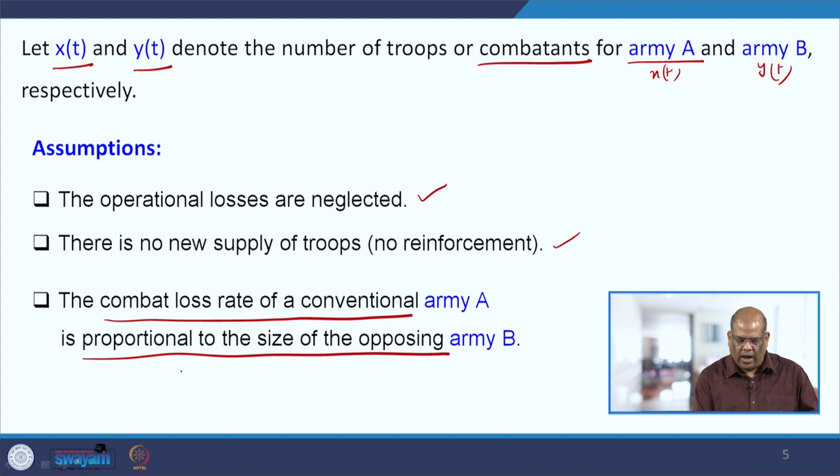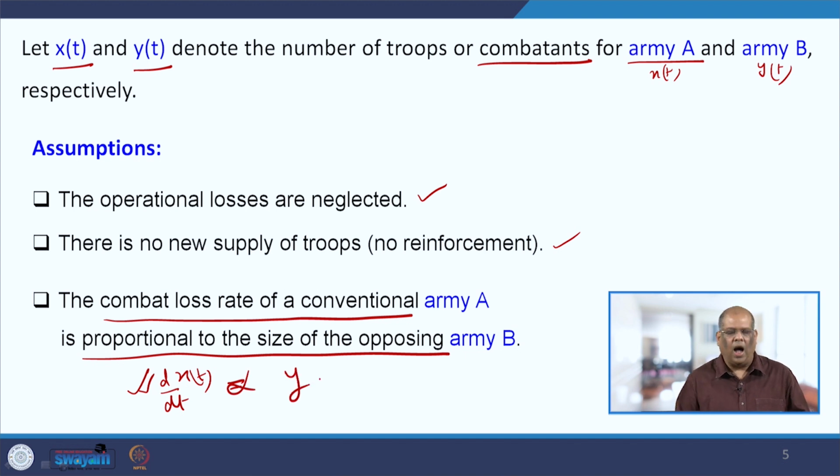So if x(t) is the number of troops for army A, their rate of loss must be proportional to army B, and since it is a loss, dx/dt must be equal to minus alpha times y.